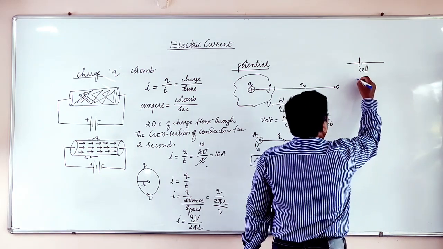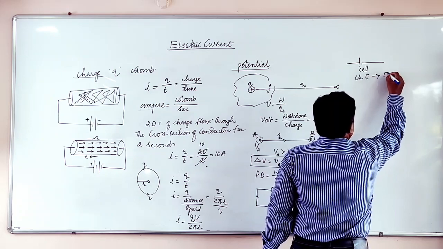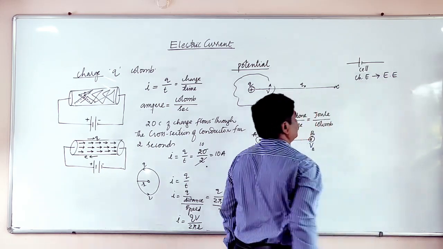What does a cell mean? The chemical energy is converted into electrical energy.